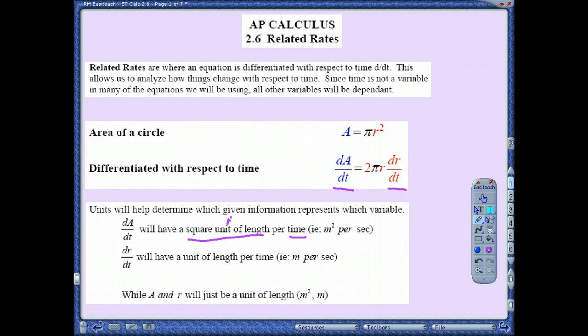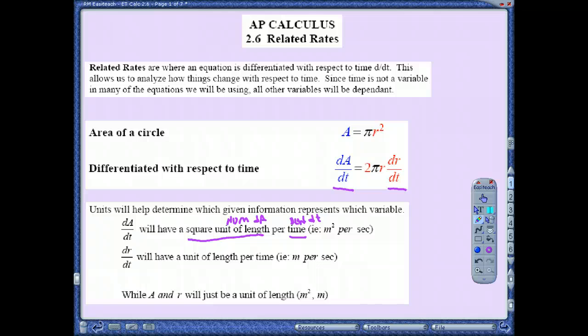This is your numerator, which is that A. This is your denominator, which is that dt. So you're going to be looking for meters squared per second or miles squared per hour. That's going to help you figure out what am I going to plug in for dA over dt?